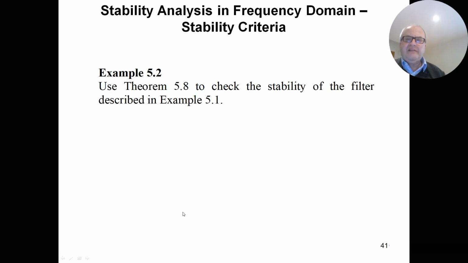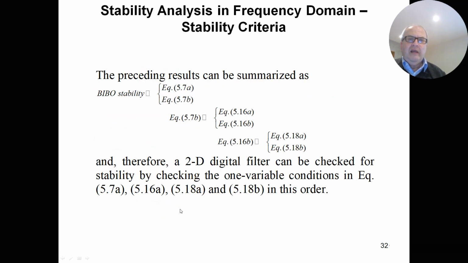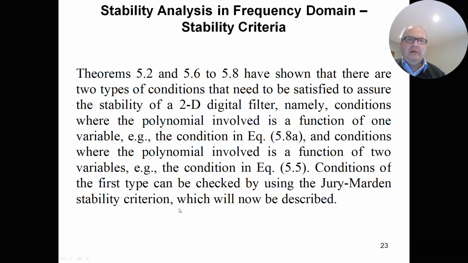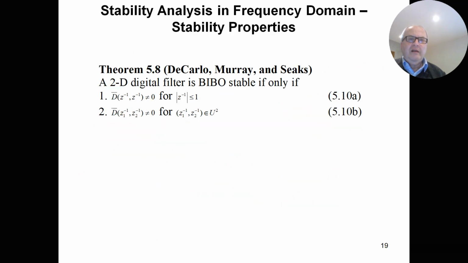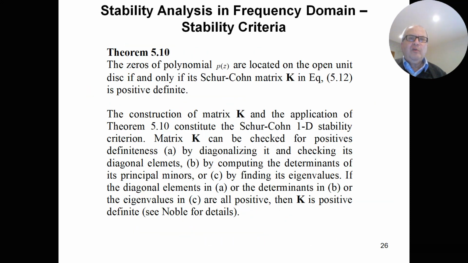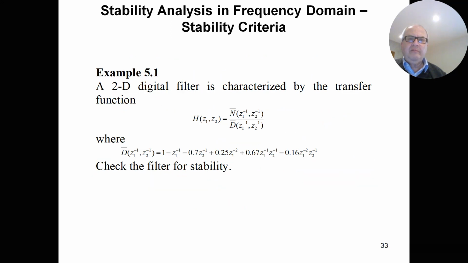Example: you can study the stability of the same filter that we studied previously with the previous method. We had this system, and now, where is this? Wait a minute. We can apply the second method to the same system, with n bar equal to 1.